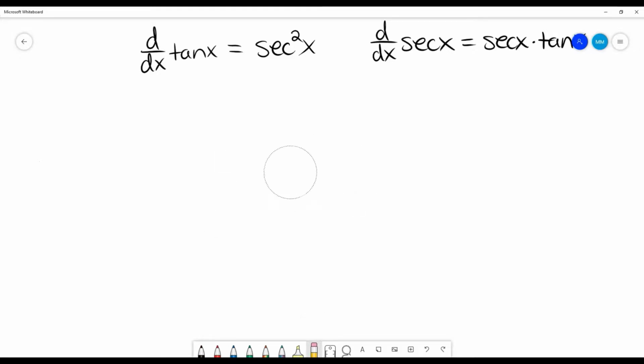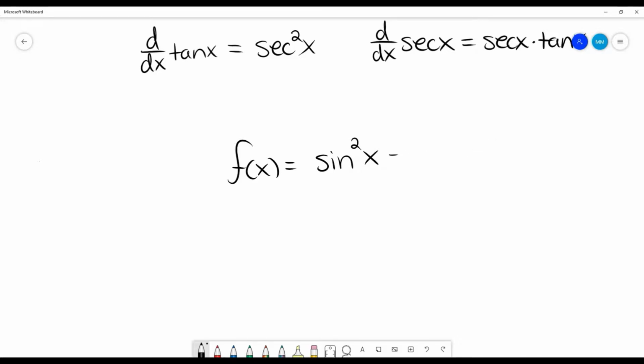Or maybe we've got something a little bit more complex. Maybe I've got f of x equals sine squared of x. Well, in this case, we'd actually have to use chain rule. We could technically use product rule because that is the same as sine of x times sine of x.